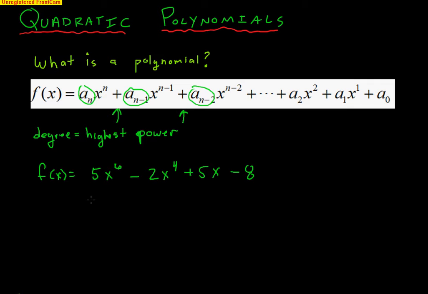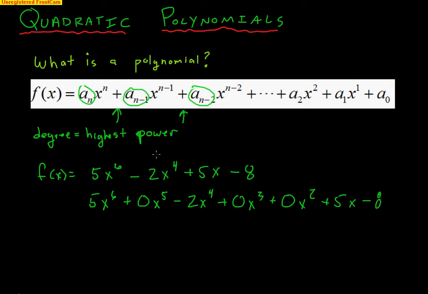So if I wanted to write out all of it, I'd write 5x to the 6th plus 0x to the 5th minus 2x to the 4th plus 0x cubed plus 0x squared plus 5x minus 8. So this officially only has 4 terms, but you could write them all out if you want to see those other powers, and it has a degree of 6.